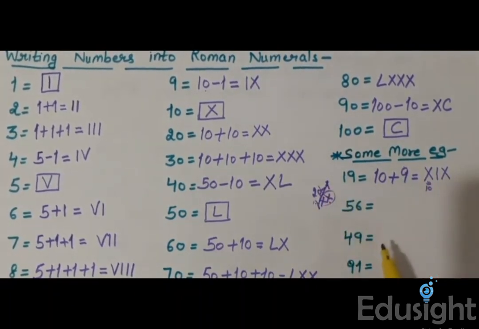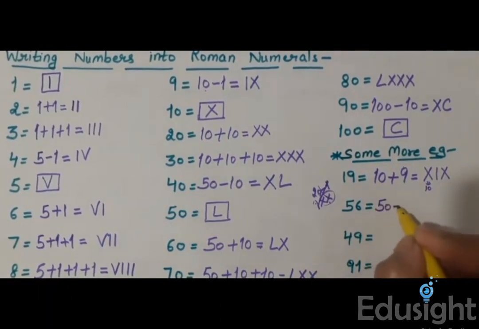X can be repeated one more time. So 80 is done. I am writing directly L triple X.